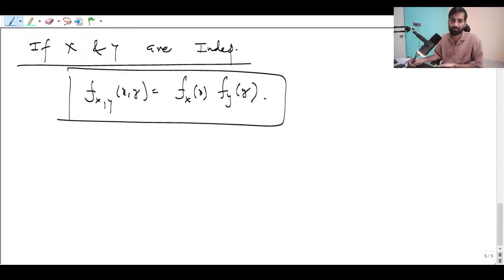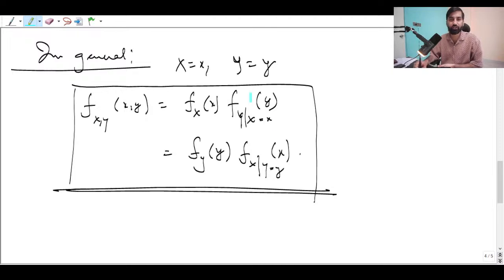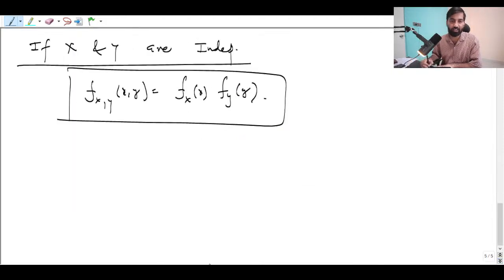Intuitively, this conditional density function is going to become the marginal, because whatever event has happened is not going to affect your further events, right? They are independent of each other. So please remember, independence implies symmetry, and it is going to simplify your life.